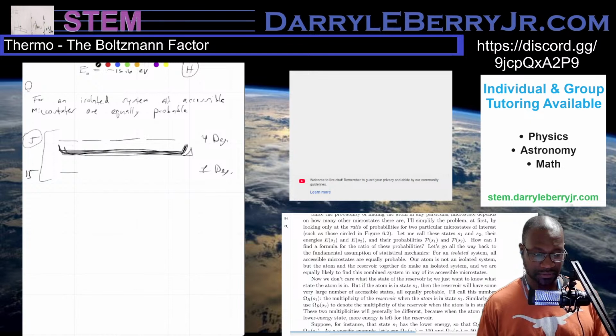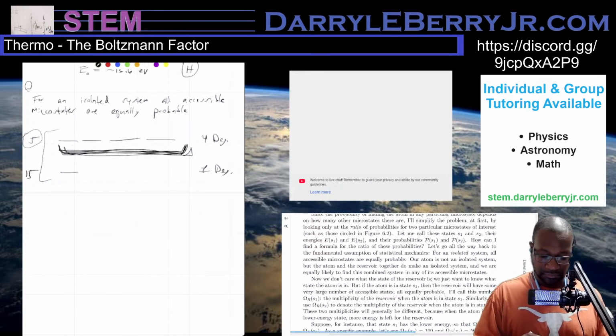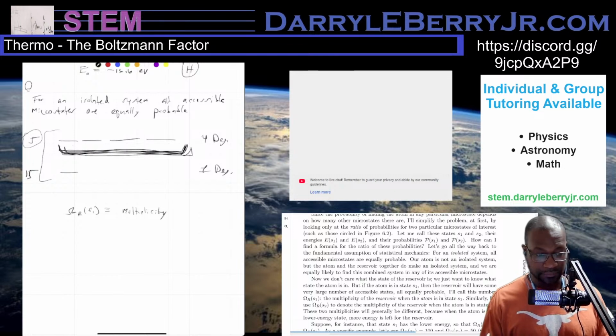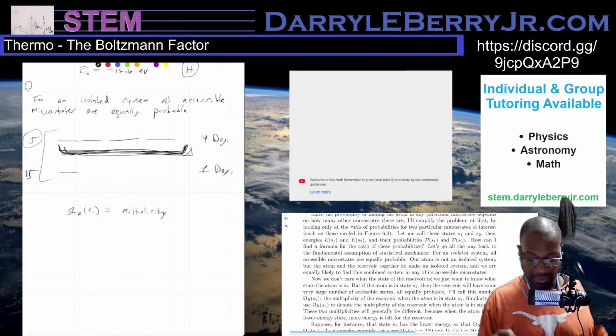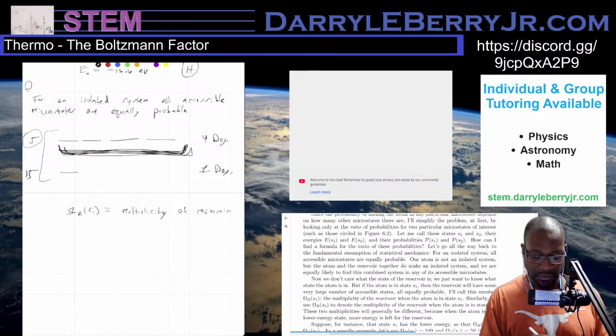I'll call this number omega R S1, which is, I should just say, the multiplicity of the reservoir when the atom is in state 1.